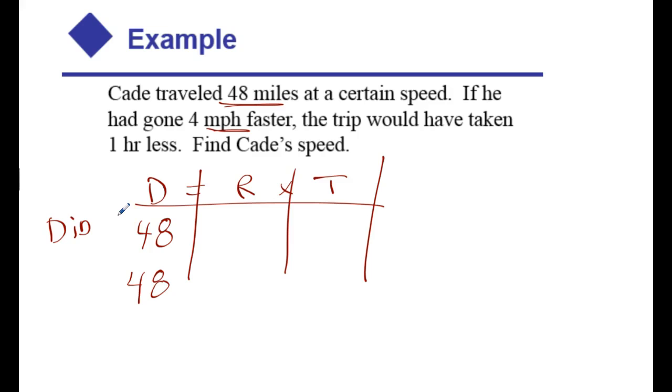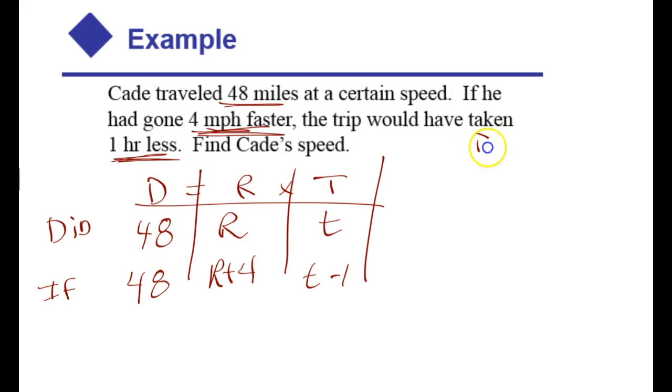And then they say, hey, if he would have gone the same distance and gone 4 miles, so we don't know what the rate was the first time he traveled, but if he would have gone 4 miles an hour faster, so if he would have increased his rate by 4, he could have decreased his time, which we also don't know, by 1 hour less. So I'm going to set my distances equal to each other.